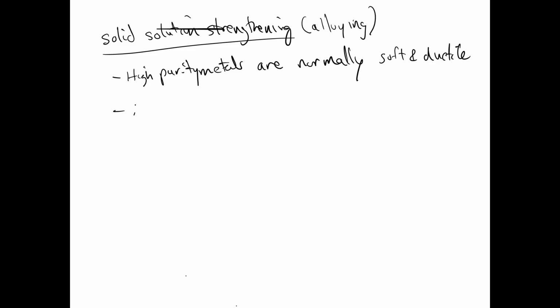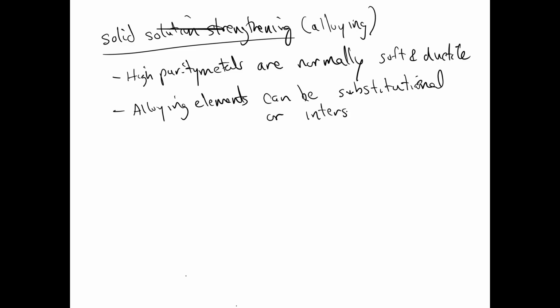Now, alloying elements can be substitutional, right? We talked about substitutional solid solutions, or interstitial. What's an example of substitutional?